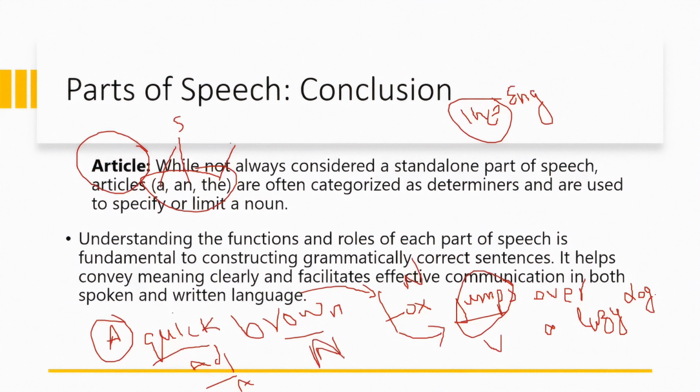Brown qualifies fox. How does the fox look? It looks brown, so brown is an adjective. And if you talk about quick brown, quick is also qualifying fox. What kind of fox is it? It's quick. Its color is brown. So quick and brown both are adjectives. Understand it?